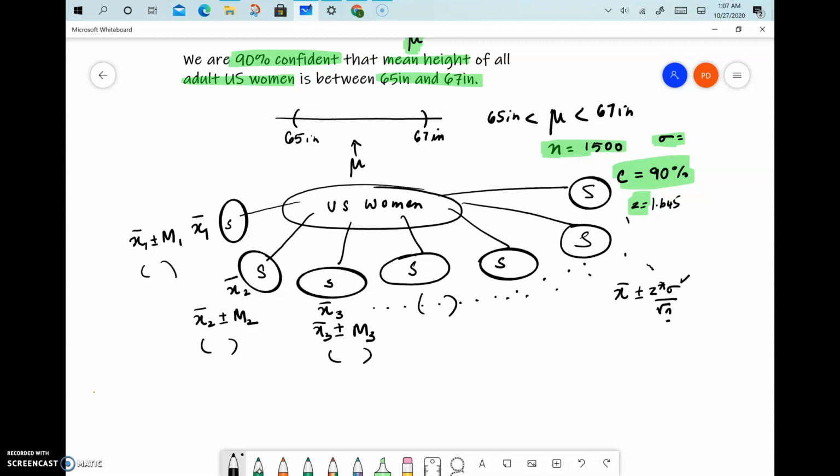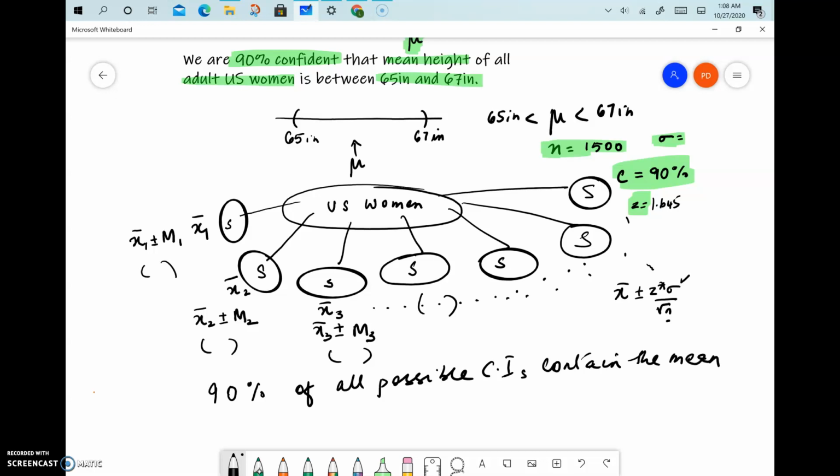The 90% confidence that we have really means that 90% of all possible confidence intervals, 90% of them contain the mean mu.